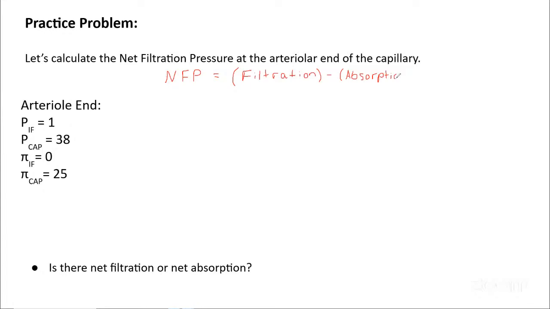So go ahead and start this by identifying, all right, what are our two forces for filtration? What are our two forces for absorption? So you're going to add those two together here and here. Then we're going to calculate across. I'll give you a little bit of time to do it yourself, and then we'll do it together. If you want to team up with your neighbor, that's okay. You can do that.